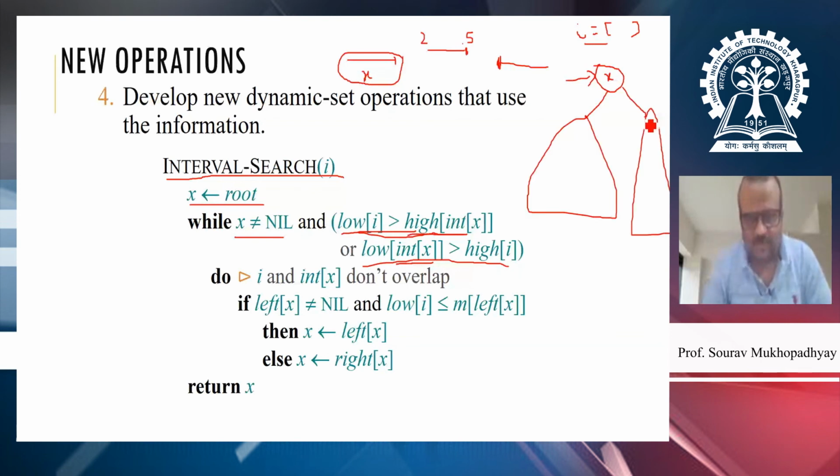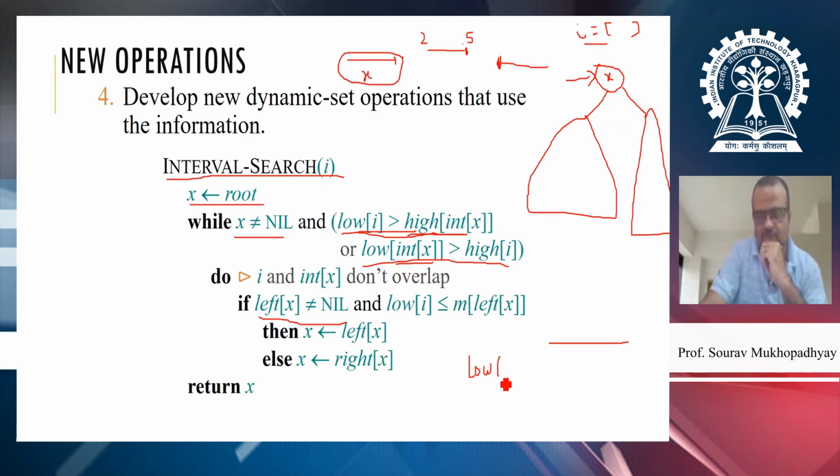So we will determine this by this step. We check whether the left part is null or not. If there is something to search, we have to see. Now consider this one. We are searching an interval I. Now, if low of I is less than max of left... just a minute, it's better to take the other way around.